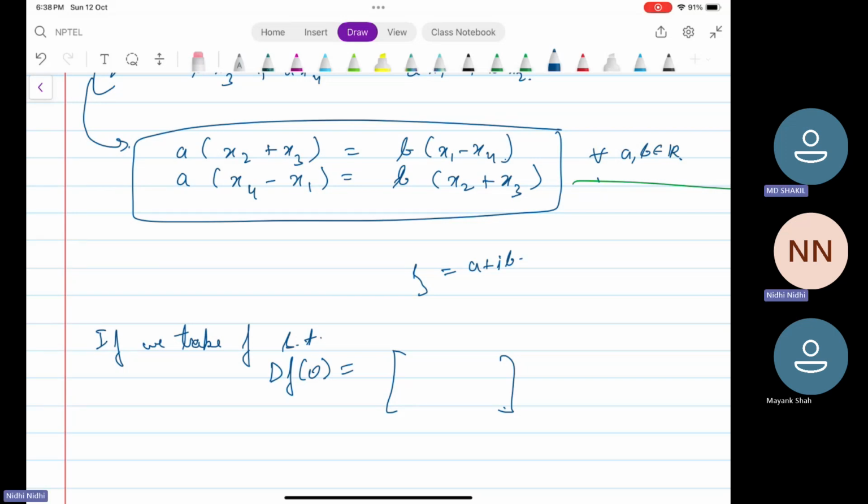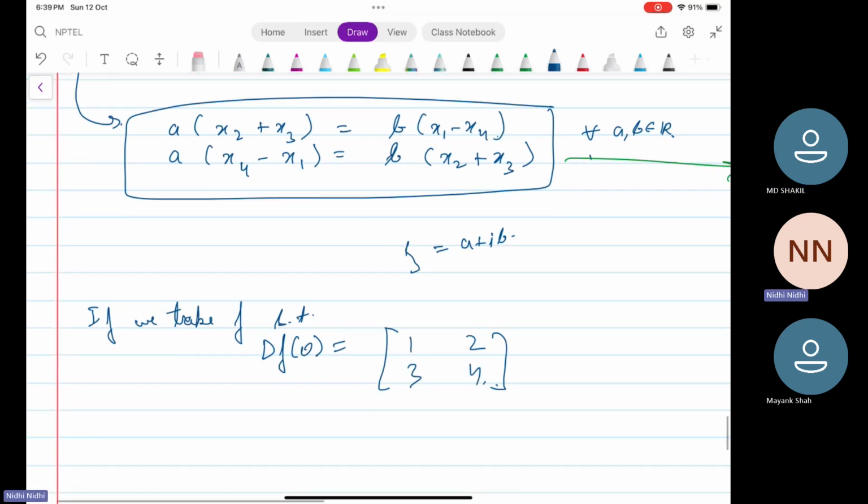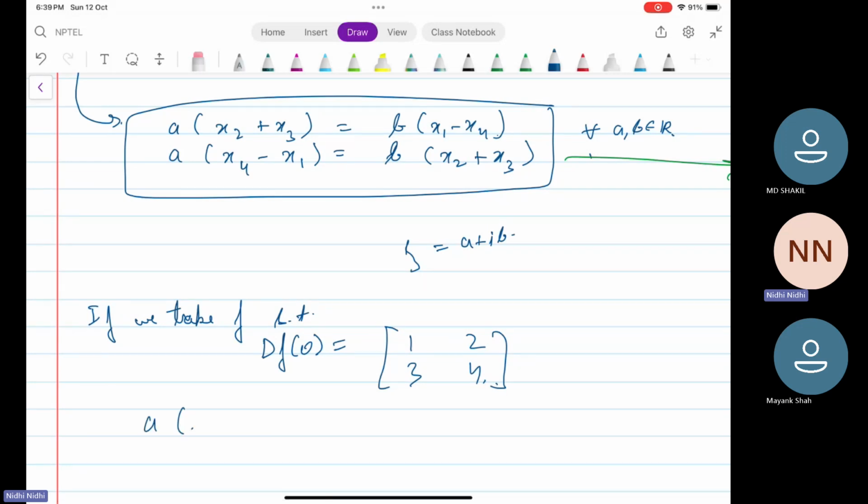So give me some example of fixed x1, x2, x3, x4 that will contradict. What x1, x2, x3, x4 should I take so that this won't happen? If we take 1, 2, 3, 4, then a times x2 plus x3, 2 plus 3, suppose this is equal to b times x1 minus x4, 1 minus 4.